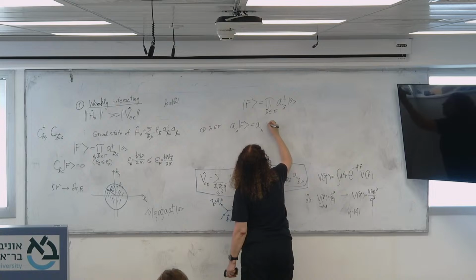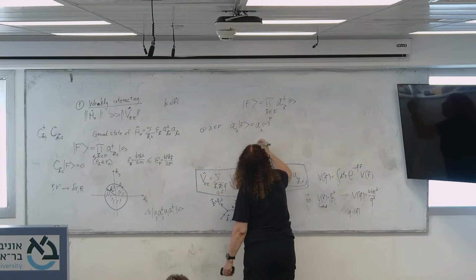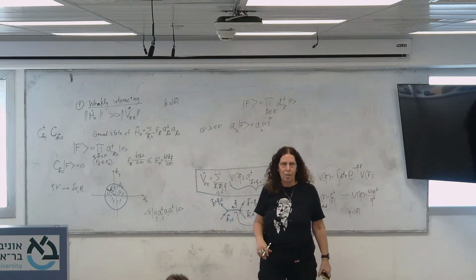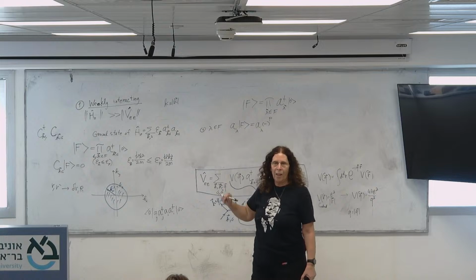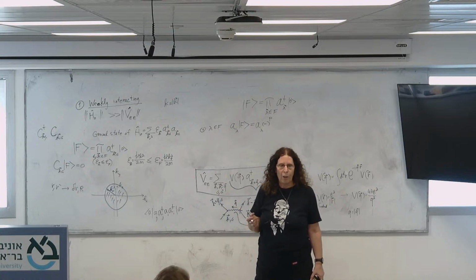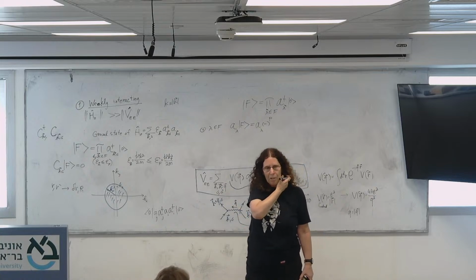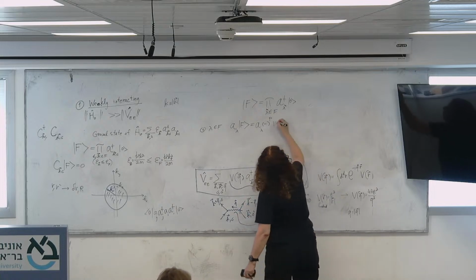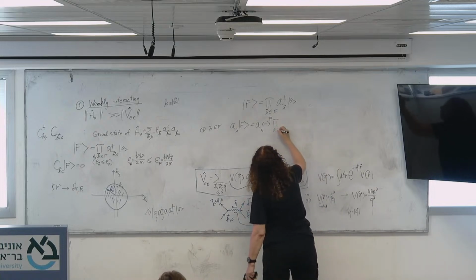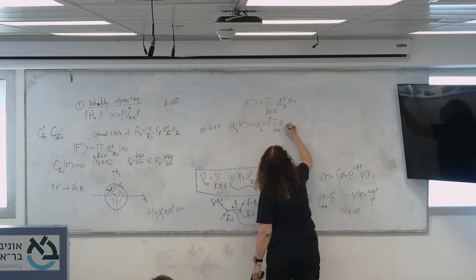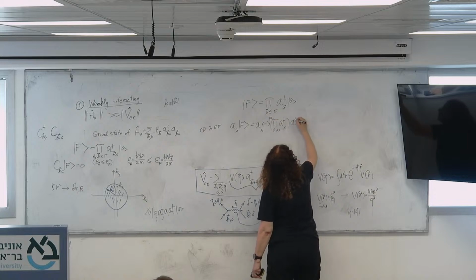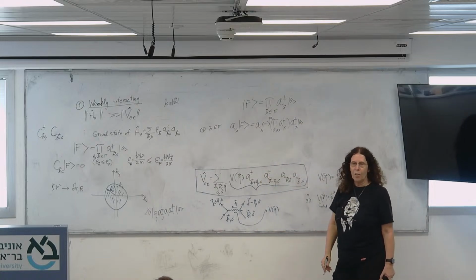When I do this, I pick up some minus sign to the power p, where p is some permutation. Now I don't really care about this, because it's just a phase factor, either plus or minus. And then I have a lambda, a product over all the lambda primes that are different from lambda, times a dagger lambda acting on the vacuum. You agree, right? So here I just did some reshuffling.